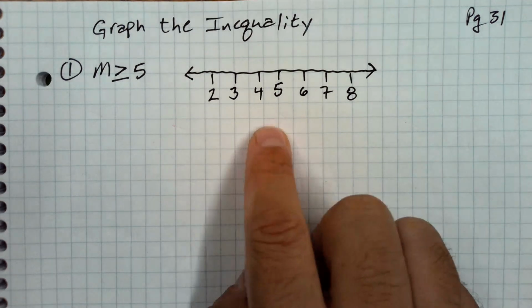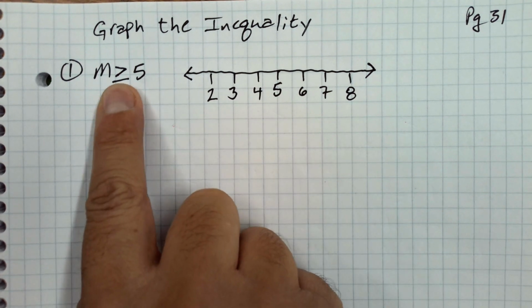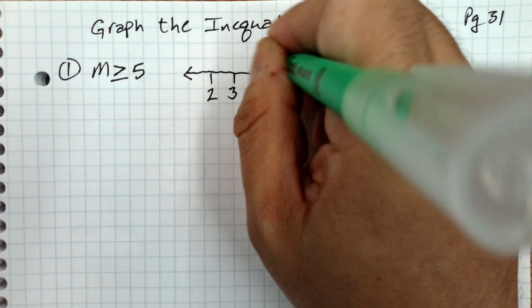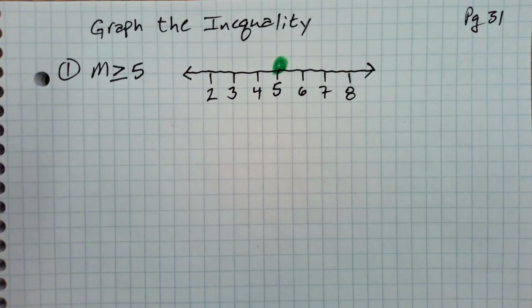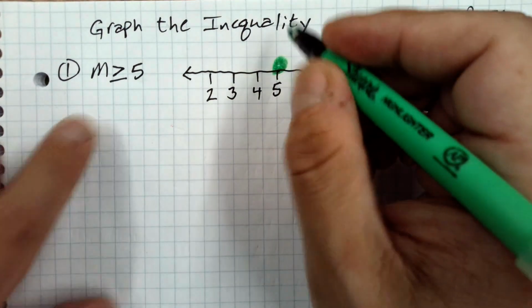Okay, now, I usually start at that number. Do I make an open or a closed point? Closed. I got an equal to part. If I got that little equal to bar, the point there has to be closed. Now, do we want to shade to the left or to the right? To the right. Yeah.